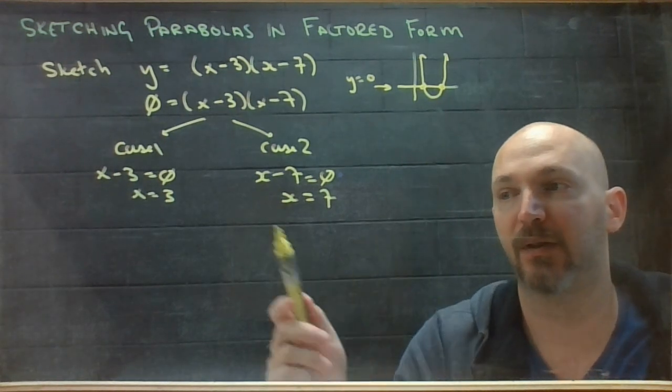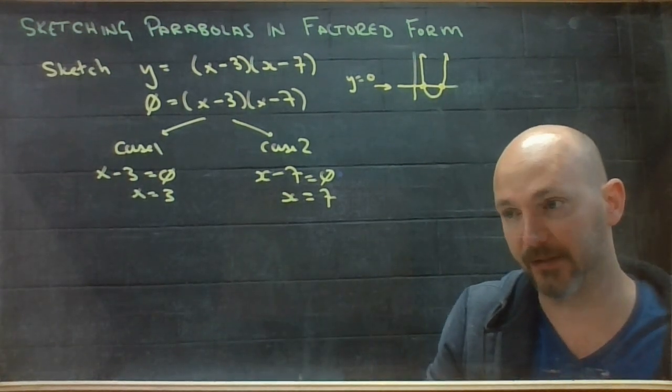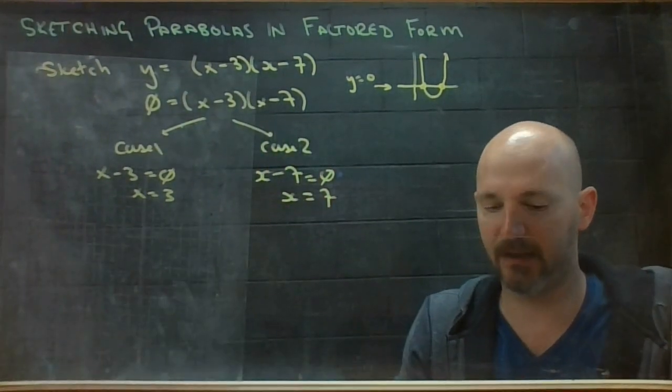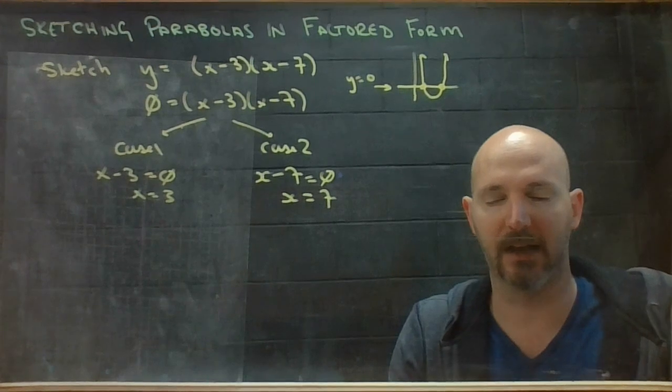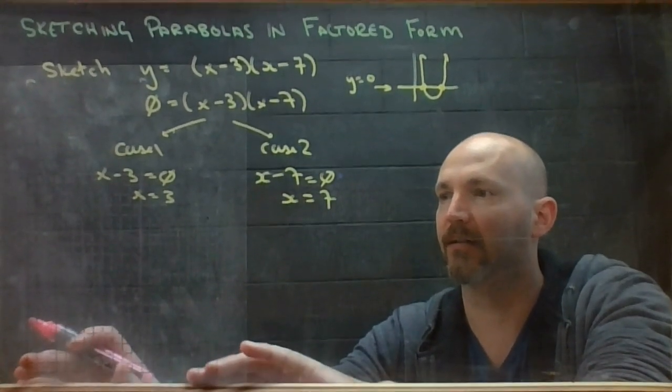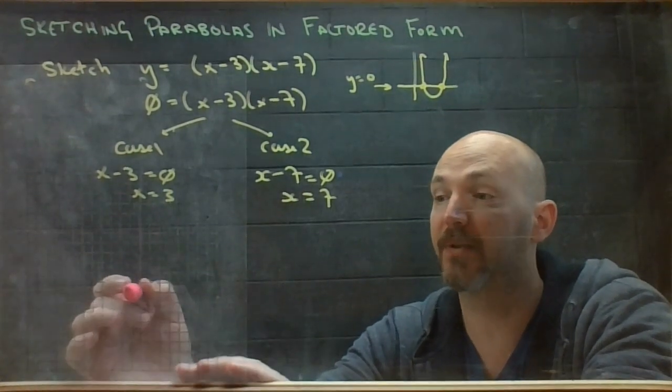So now that I have those pieces of information, get myself a grid, draw an X and Y axis. Make sure it's straight for my obsessive compulsive disorder.